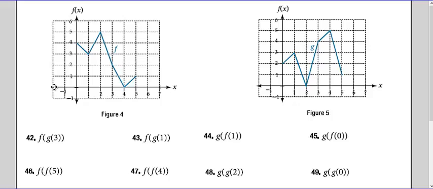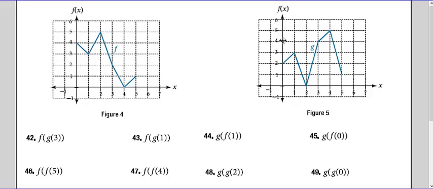The second group is we're asked to find f of g of something. So the way you do this is this is the g function over here. And we find the value of g at x equals 3. So here's x equals 3. The g value is 4.